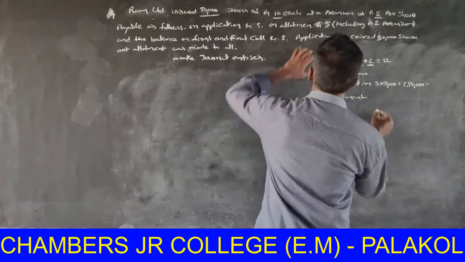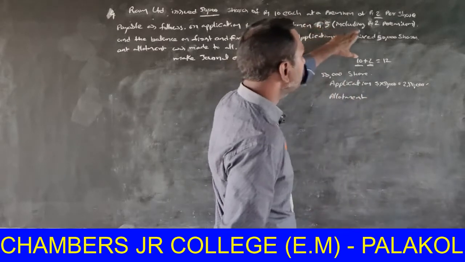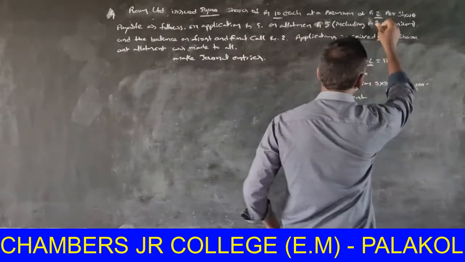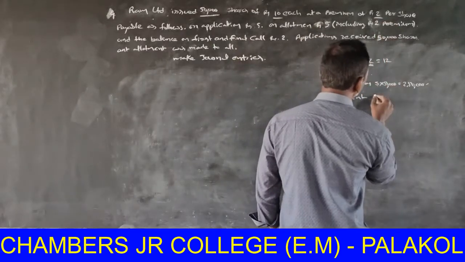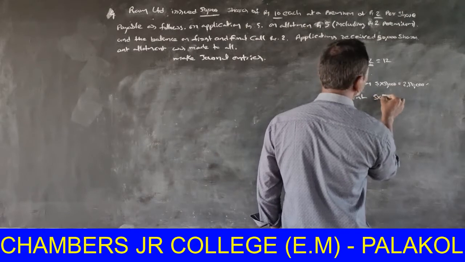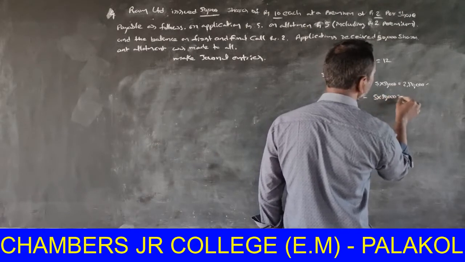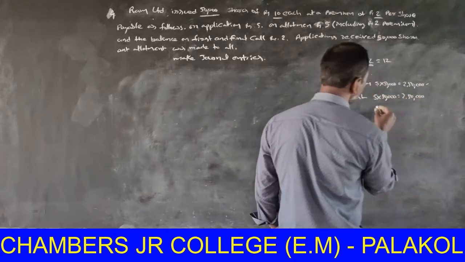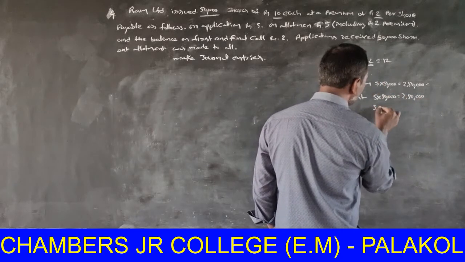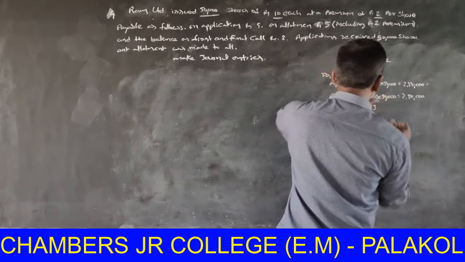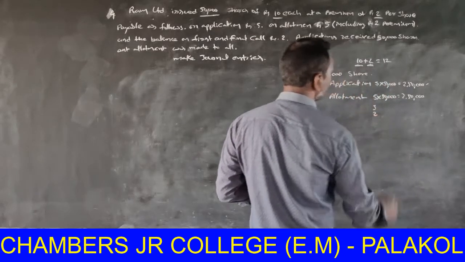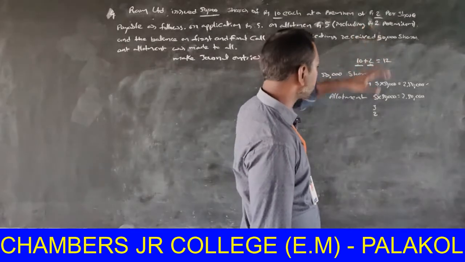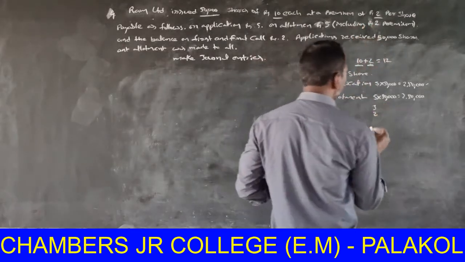And on allotment 5 rupees including 2 rupees premium. Here 5 rupees is collected but including 2 rupees premium. So 5 into 50,000, also 2 lakh 50,000. Here in 5 rupees, 3 rupees is capital and the remaining 2 rupees is premium.